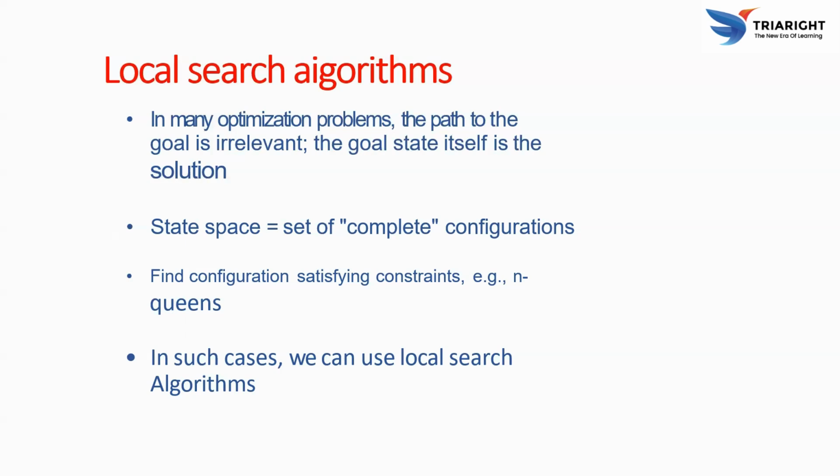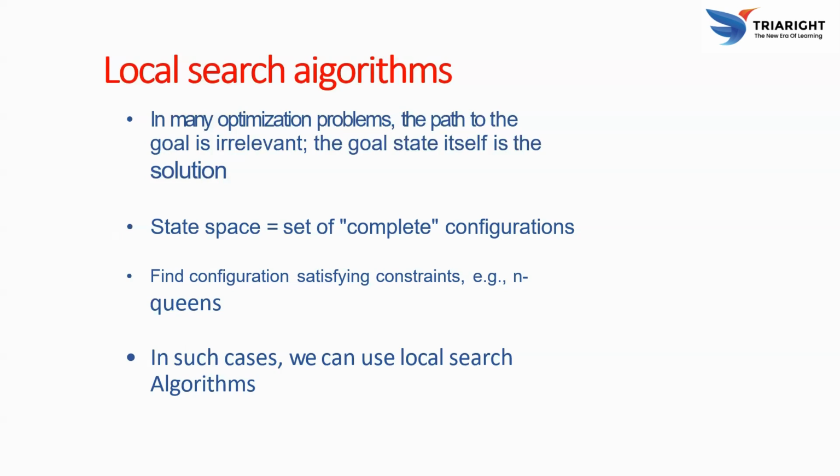So finding the configuration satisfying the constraints is the primary goal: to find a specific configuration within the state space that meets all the defined constraints. The n queens problem is a classic example where the objective is to place n chess queens on an n by n chessboard such that no two queens threaten each other, right?